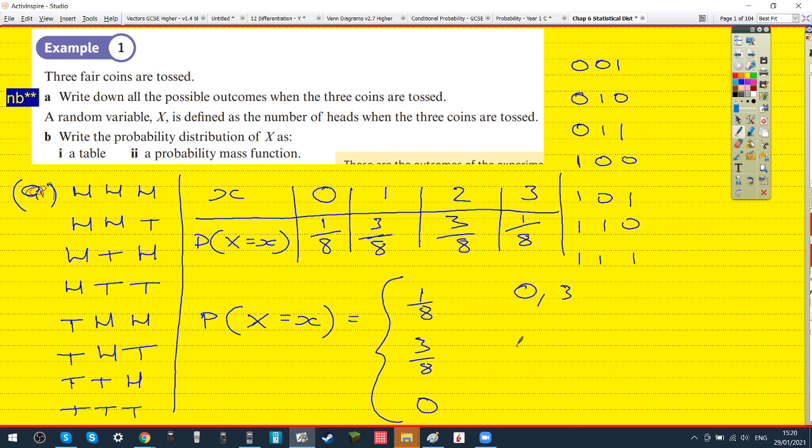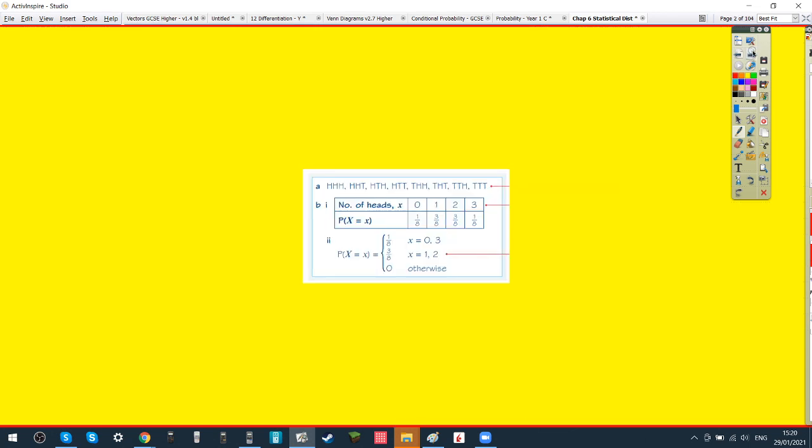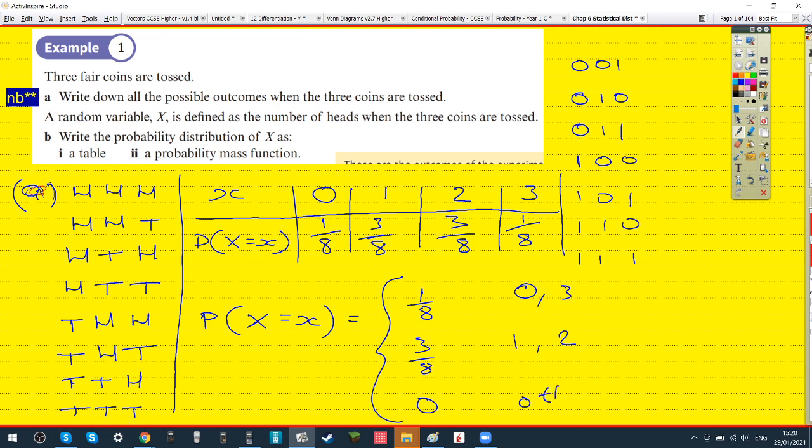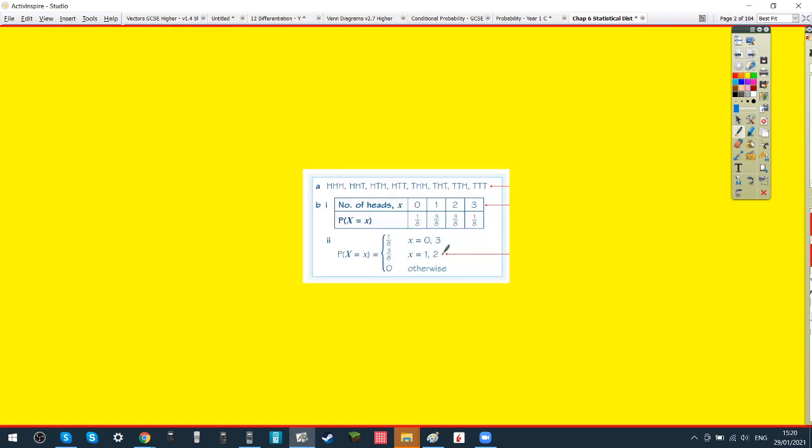Probability of 3/8? 1 and 2. That's it. And down here you'd say something like all other possibilities, or otherwise. Anything else, the probability is 0. And so that's just to complete it. That's what it looks like.